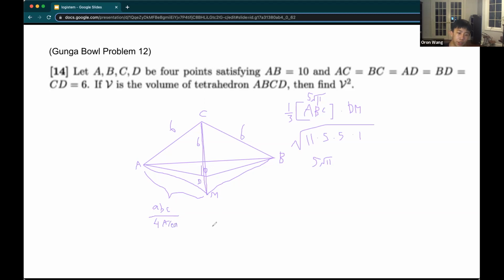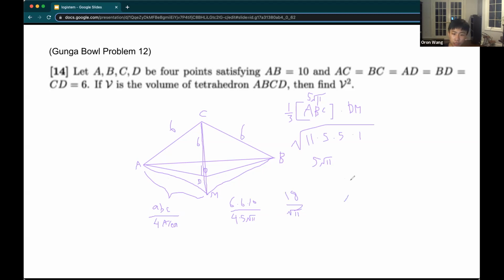We already know what the area is, and we can get the sides easily. We get 6 times 6 times 10 divided by 4 times 5√11, which simplifies to 18 over √11. And right now I'm not going to simplify this just so it's easier.